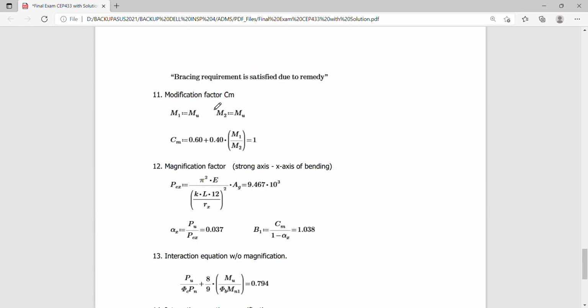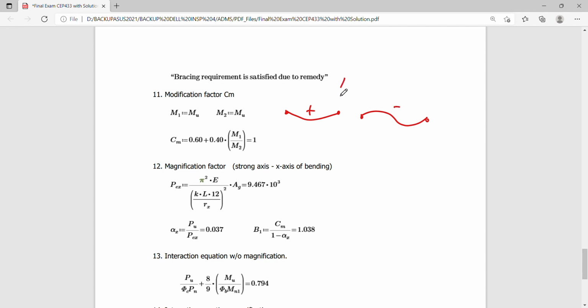So for the modification factor Cm, we have your M1 is equal to Mu and M2 is equal to Mu. Take note that here we have a change of sign due to single curvature. So it's positive for single curvature, and for double curvature it's negative.